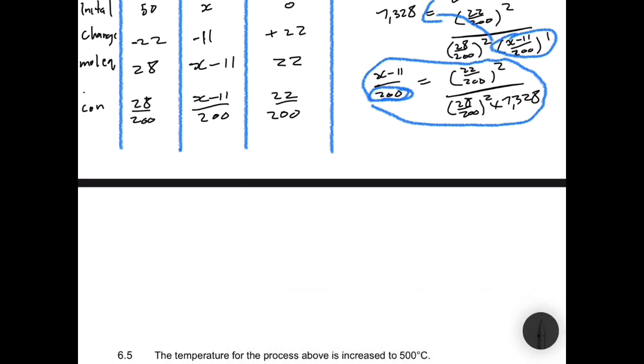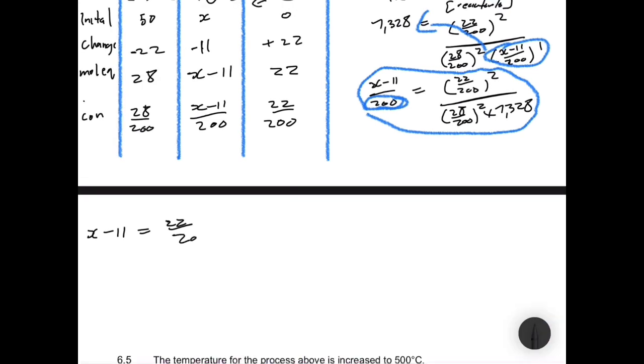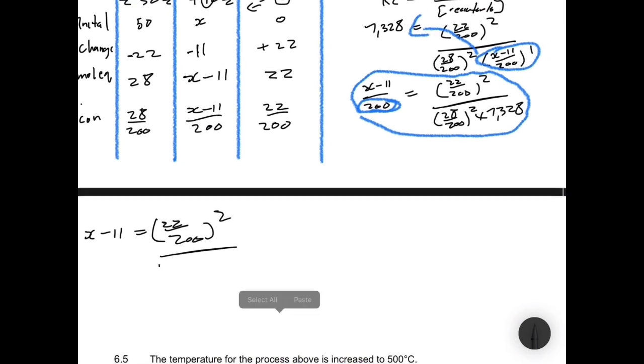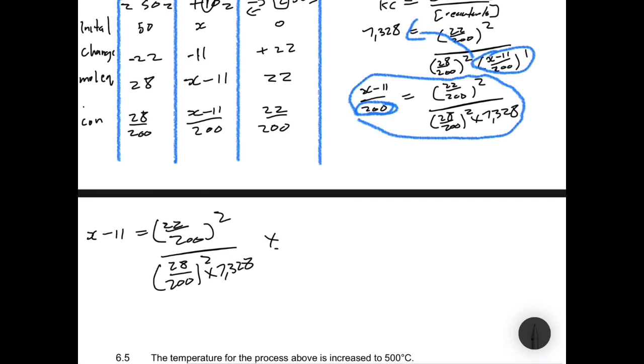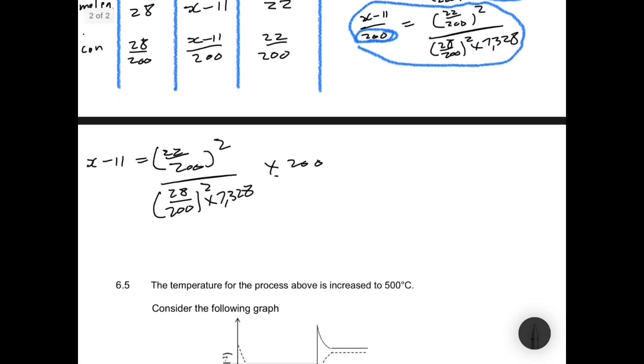So if we do that, we're gonna have x minus 11 is equal to 22 divided by 200 again squared, divided by 28 divided by 200 squared, multiplied by 7.328, and then we multiply everything by 200.